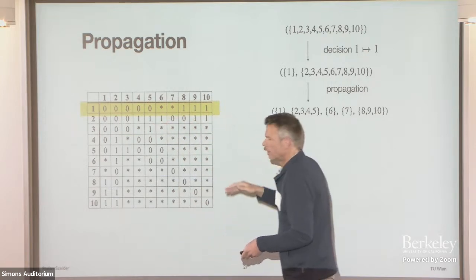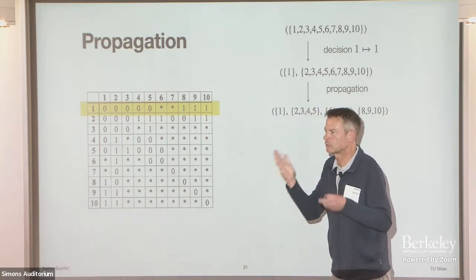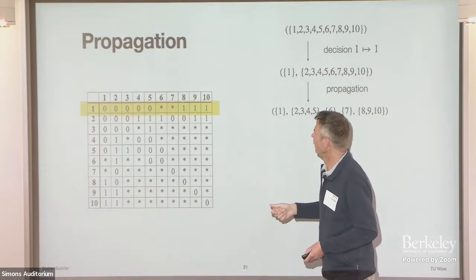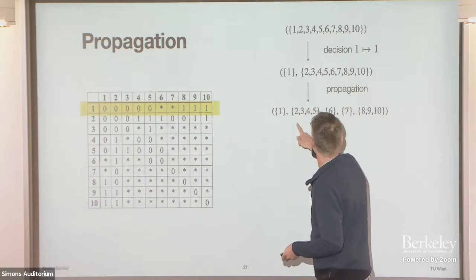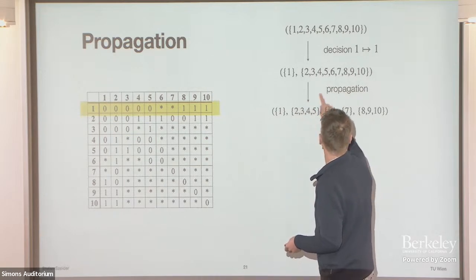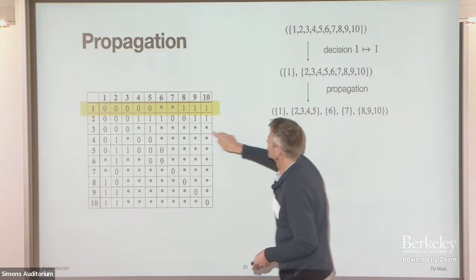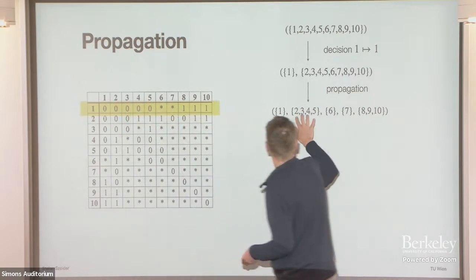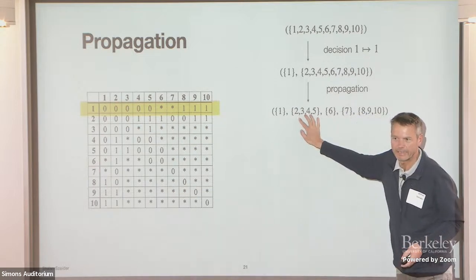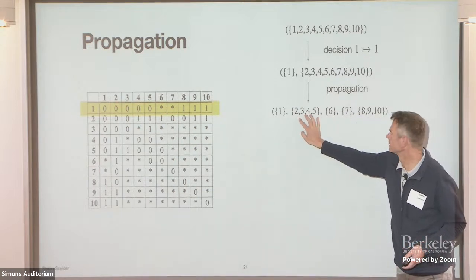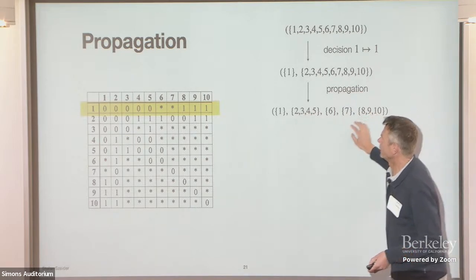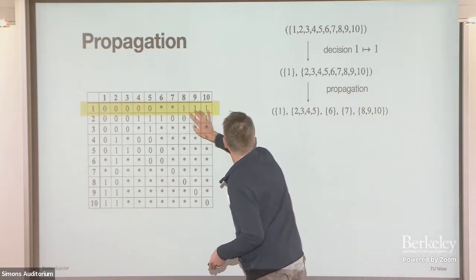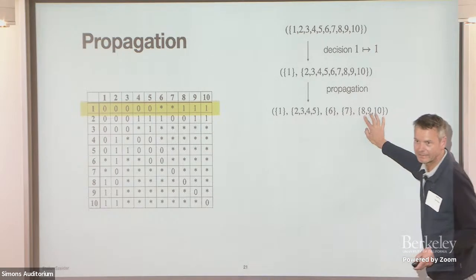Because we want to have something that's lexicographically minimal, it's clear that we have to put those non-adjacent vertices first. So 2, 3, 4, 5 come now in the next equivalence class. The adjacent ones, 8, 9, 10, come at the last.